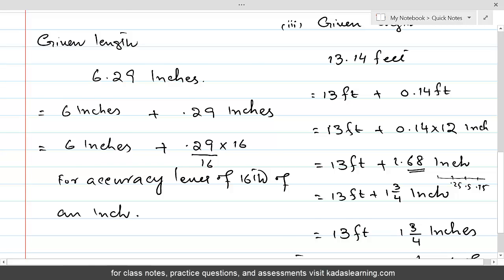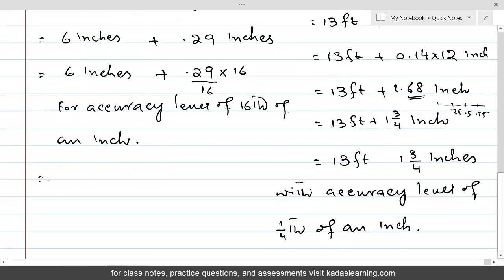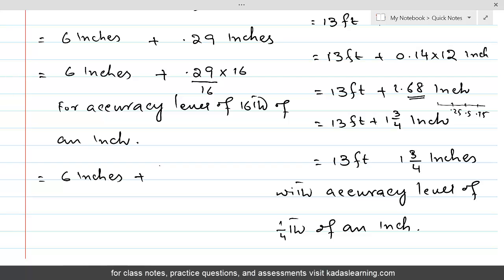This is what we did, and now what we will have is 6 inches plus, we'll multiply 0.29 times 16, which becomes 4.64 over 16.